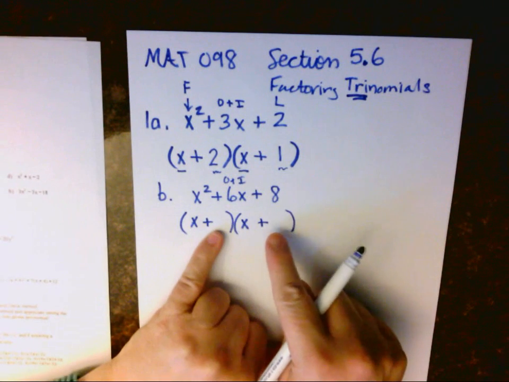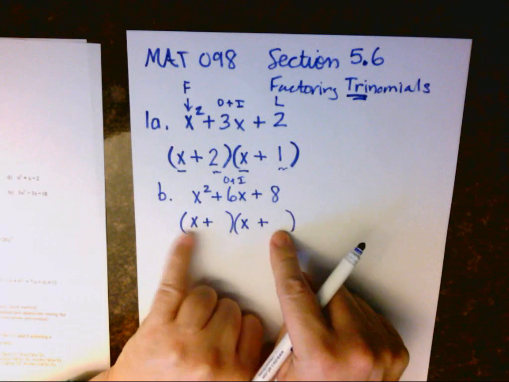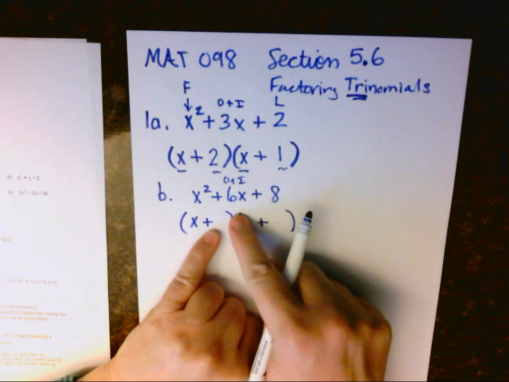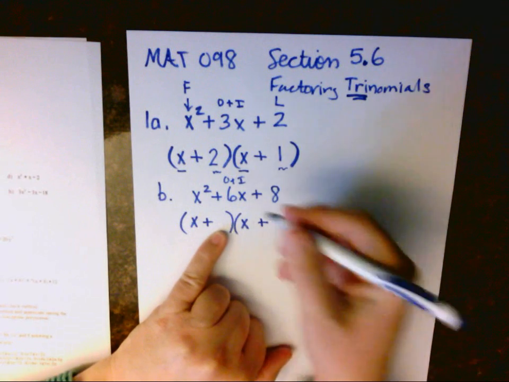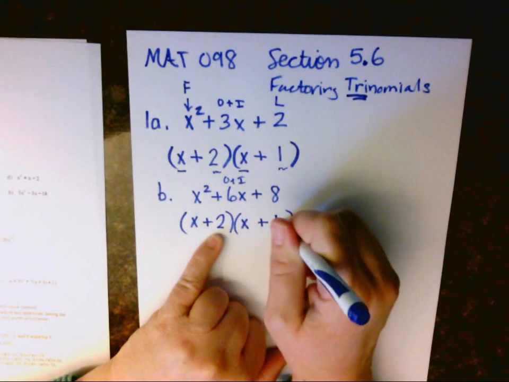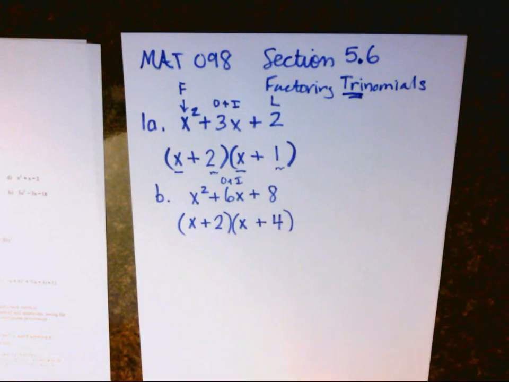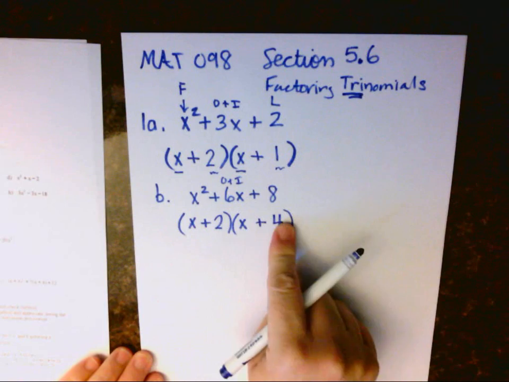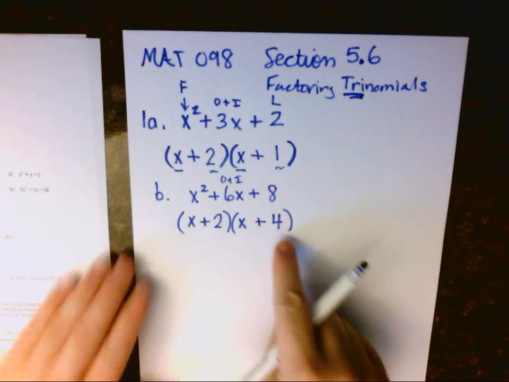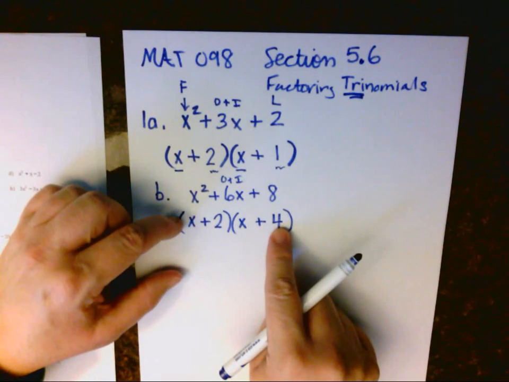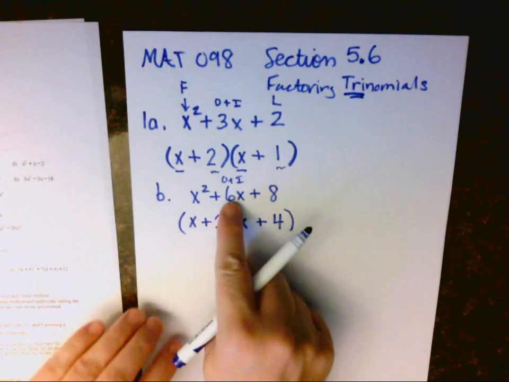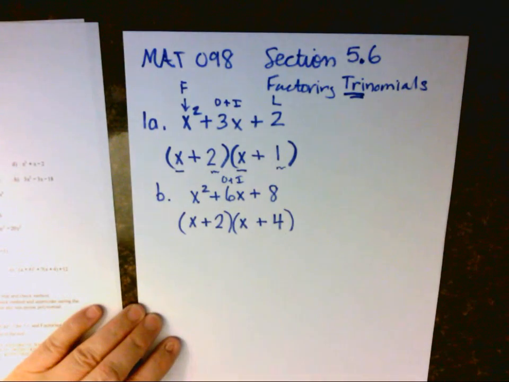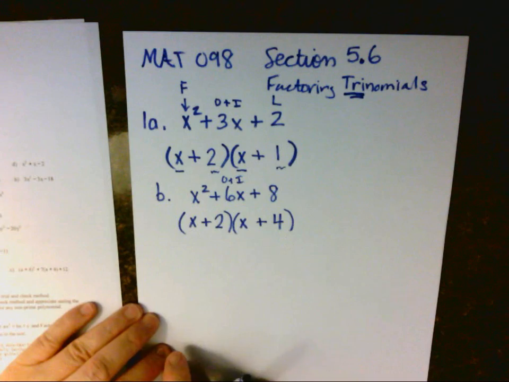If I picked 1 times 8, that would give me an 8x and a 1x, which would be 9x in the middle. That's not going to work. Those are too large. So I must use the 2 times 4 option. It doesn't matter which one of those you list first. You can say 4 and then 2 if you'd rather. 2 times 4, and that gives me, in the middle term, a 4x plus a 2x, which makes a 6x in the middle. Okay? Very well.